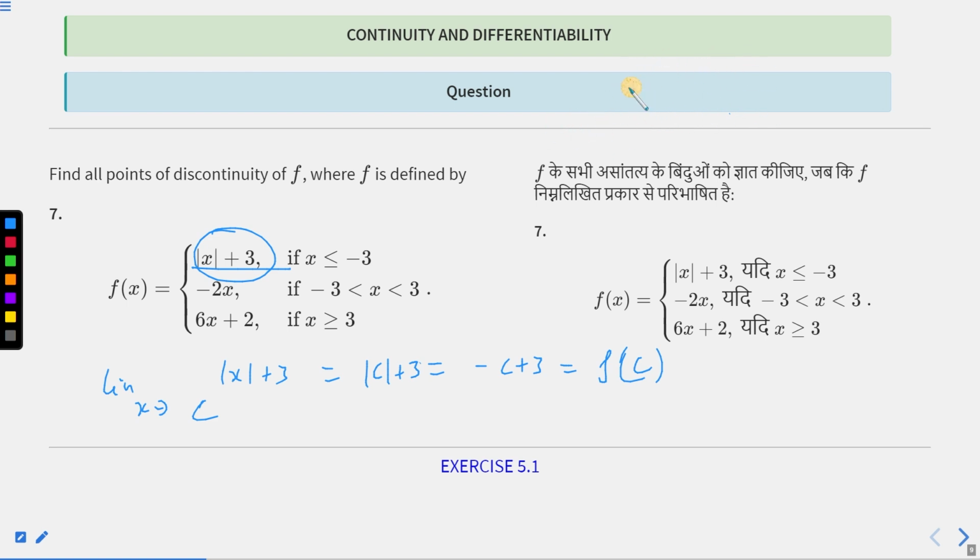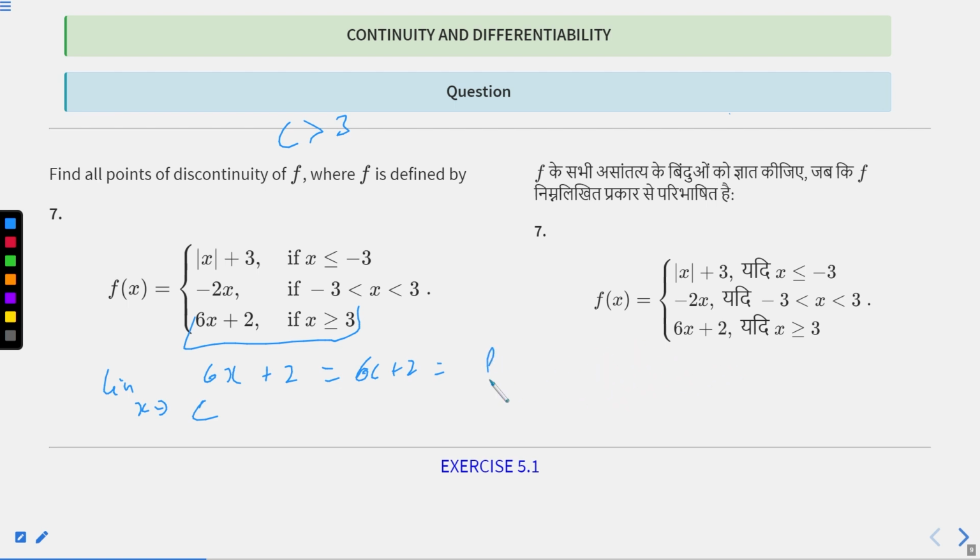Okay, now if you take c greater than 3, what will happen? I have to take this 6x plus 2, then your limit will be 6c plus 2, and this is just the same as f of c.